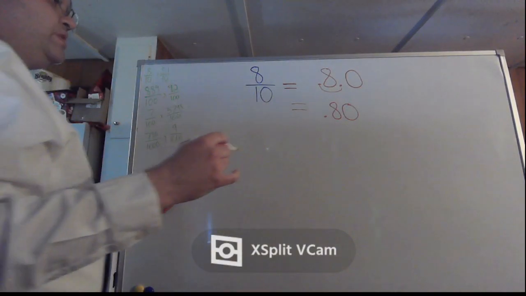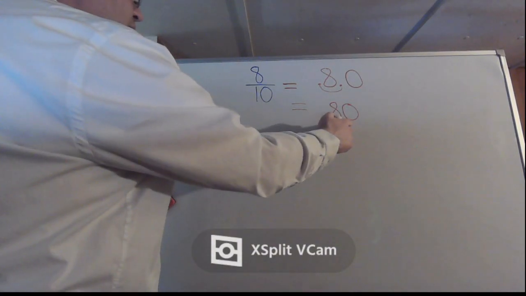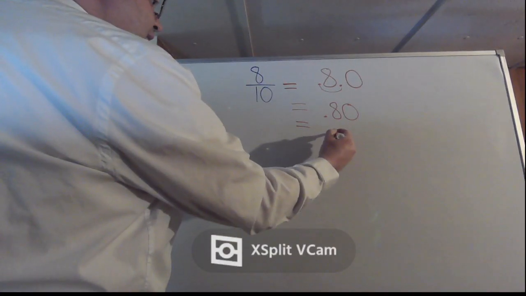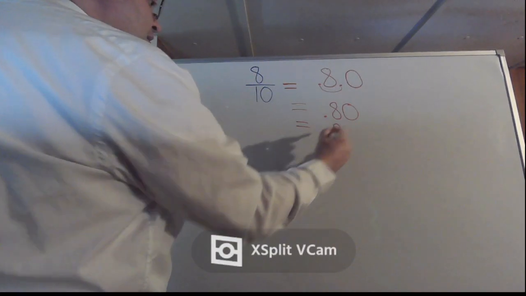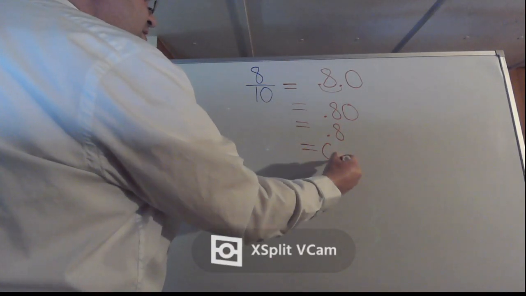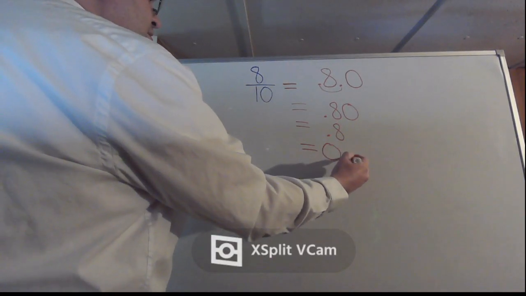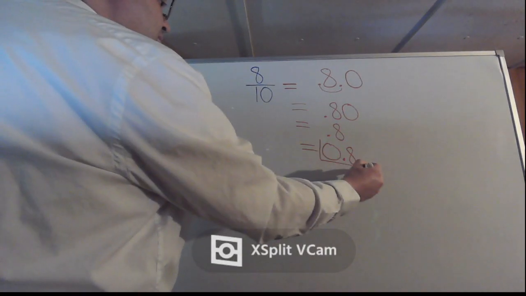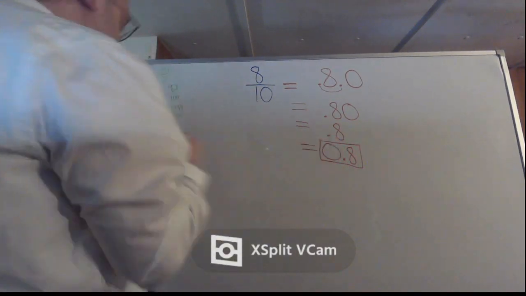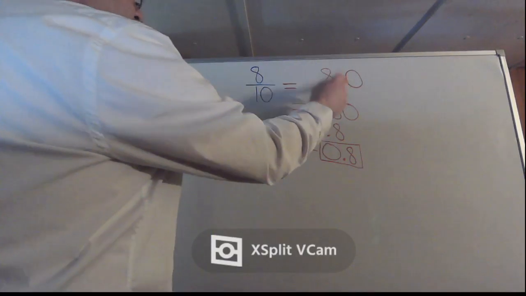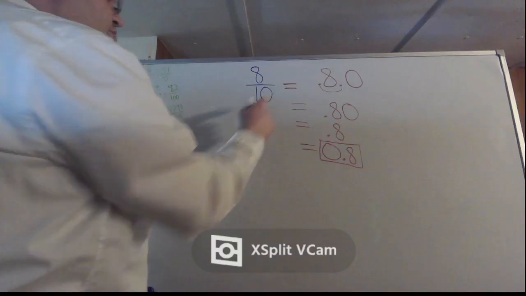But we don't need that 0 in the hundredths place. That's just a placeholder, so you would get 0.8. And really, you have a 0 as a whole number to the left of the decimal, so your answer is going to be 0.8. So what you're doing is taking your numerator, and then you're going to figure out how many zeros you have in the denominator.